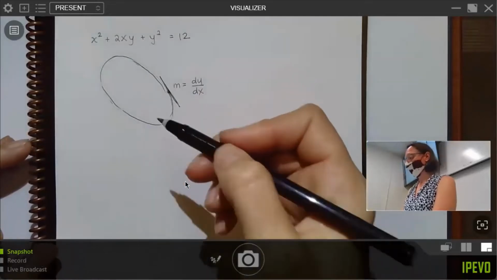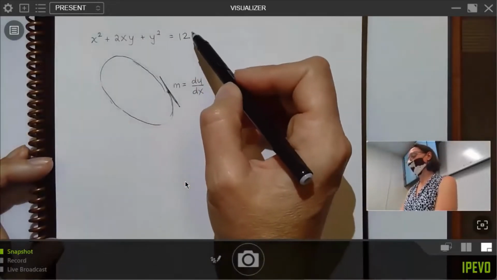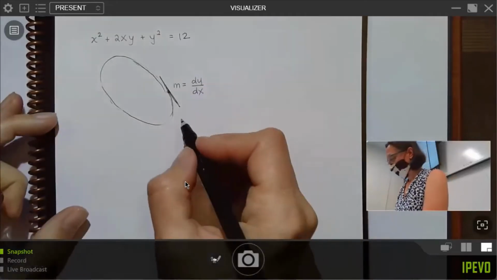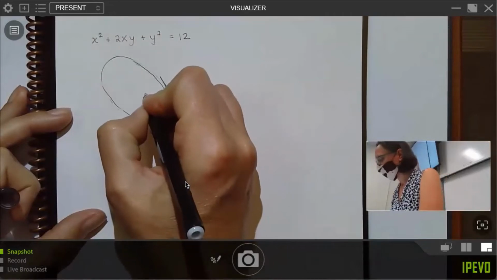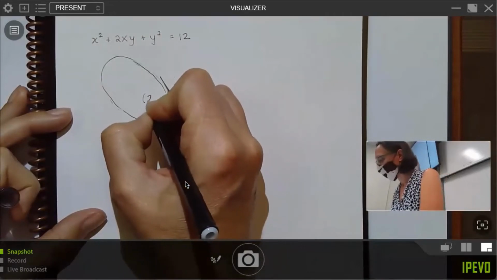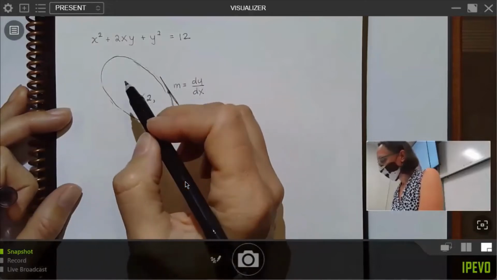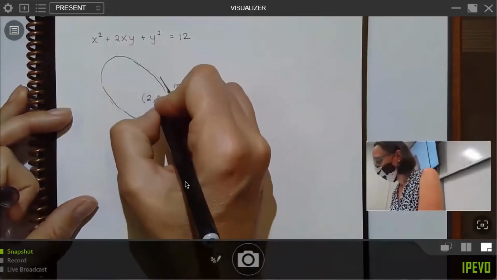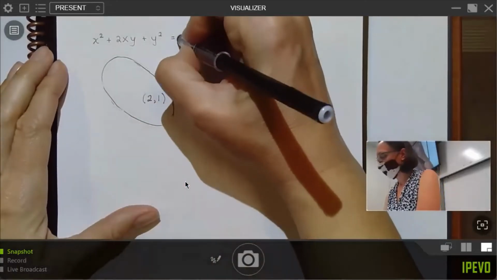So if they give us a particular point on this curve, oh, okay, I'm about to change the 12 because I can't do math in my head. Bear with me. I'm going to say that the point is (2, 1), and we're going to make that a 9 instead of a 12.